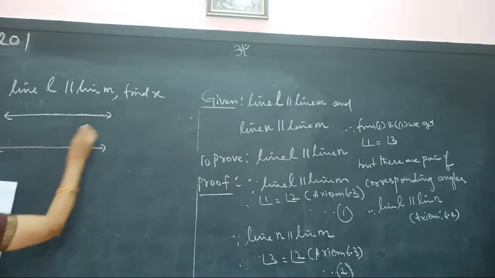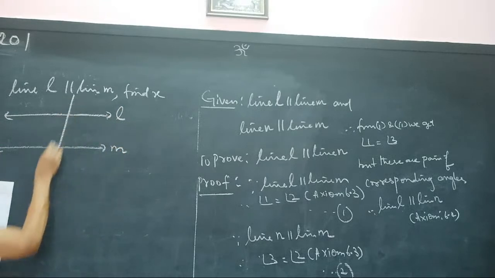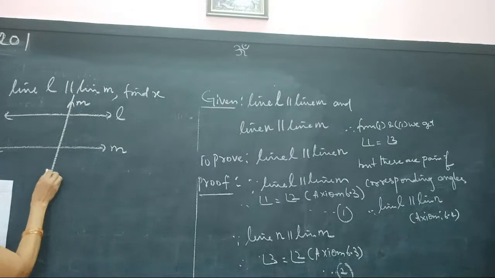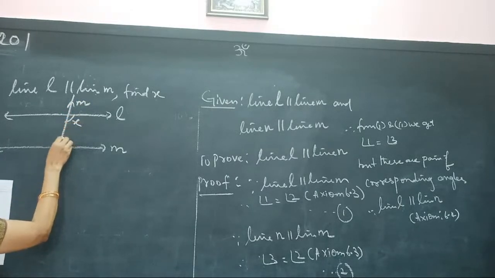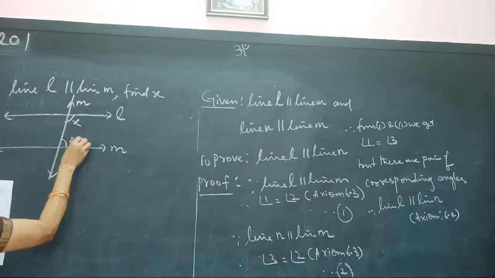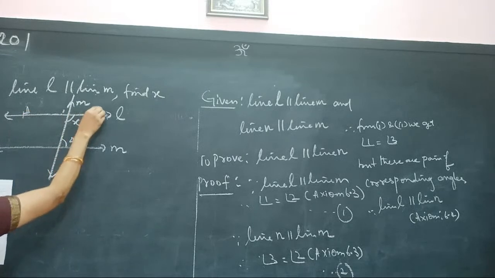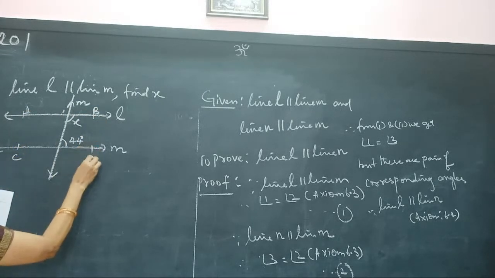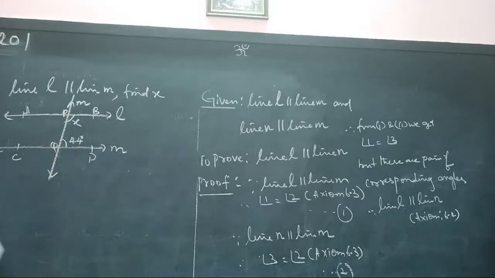Now, with all the theorems proof, I hope it is possible for you to answer this. Here it is given X and this is 44 degree. Name it as AB and CD, PQ.